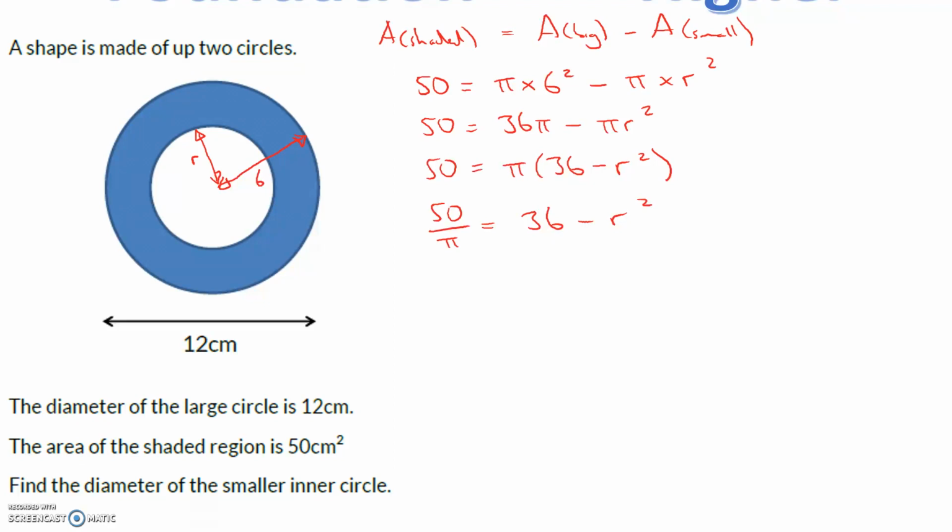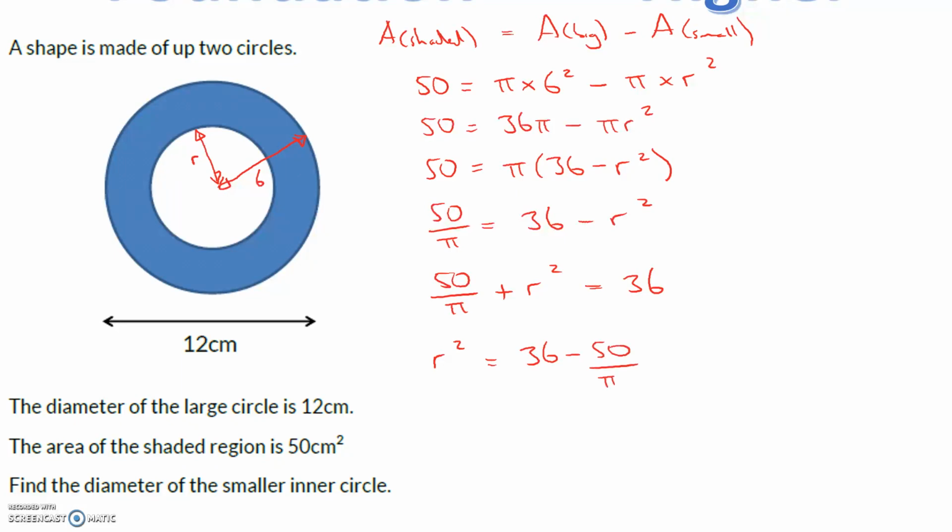Then we could rearrange for r squared. I'm going to add r squareds to both sides. That'll give me 50 over pi, and if you can do this in one go, brilliant. I'm going to do it in 2 steps. 50 over pi plus r squared equals 36. Therefore r squared equals 36 minus 50 over pi.